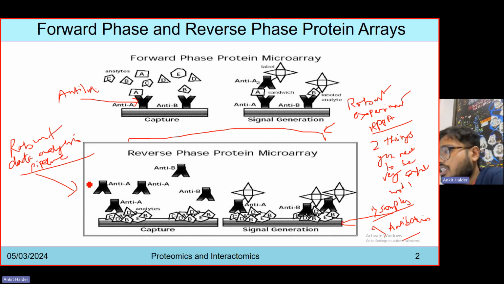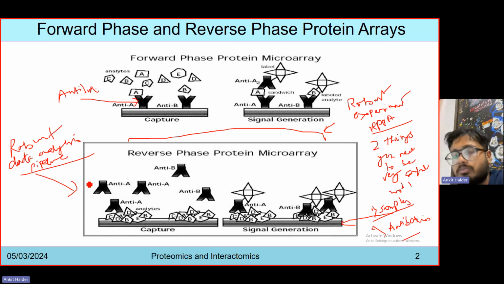This only will give us the opportunity to set up very high throughput, reproducible and robust reverse phase protein microarrays for getting information starting from protein-protein interactions and protein post-translational modifications in different samples. So these things should be there, otherwise we won't be able to deduce from the experiment.